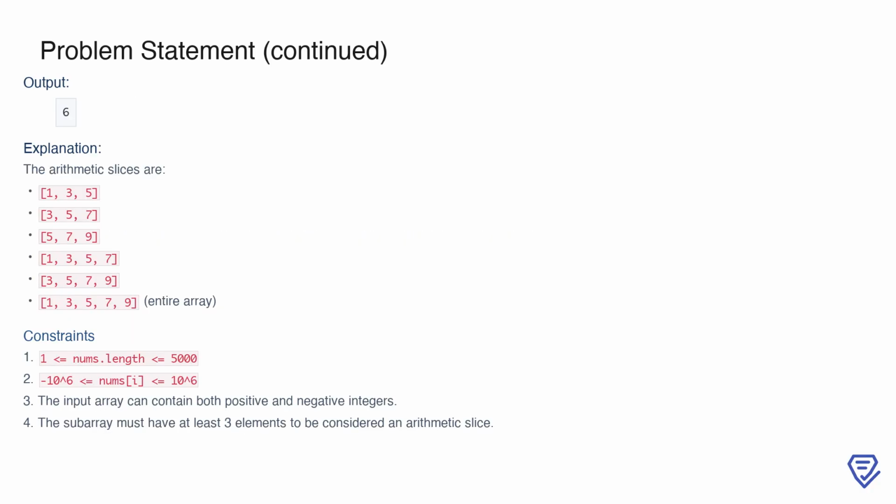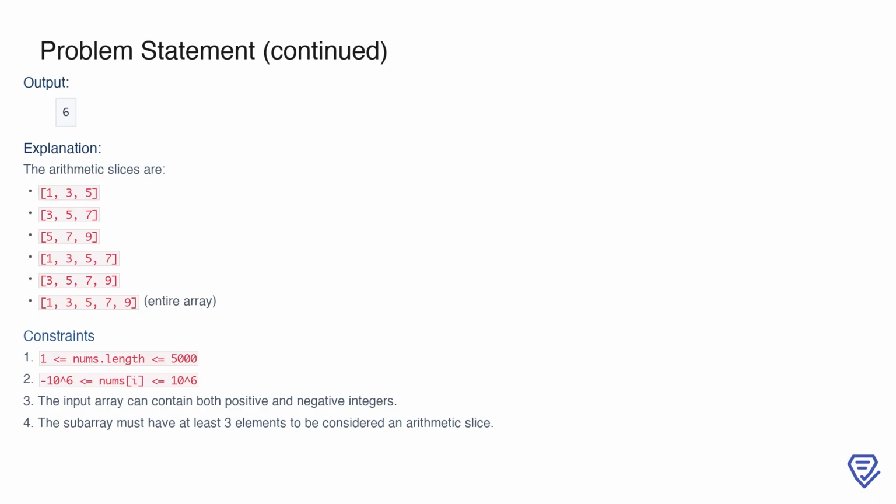In the third example, the input is 1, 3, 5, 7, 9, and the output is 6. Let's break this down. The arithmetic slices here are 1, 3, 5; 3, 5, 7; 5, 7, 9; 1, 3, 5, 7; 3, 5, 7, 9; and 1, 3, 5, 7, 9.